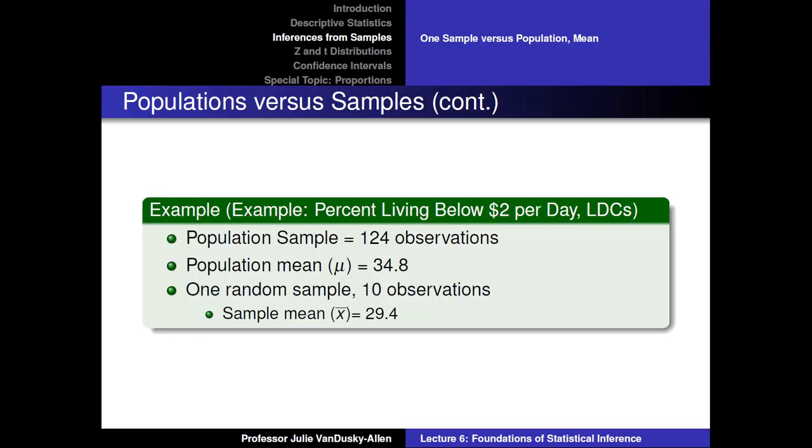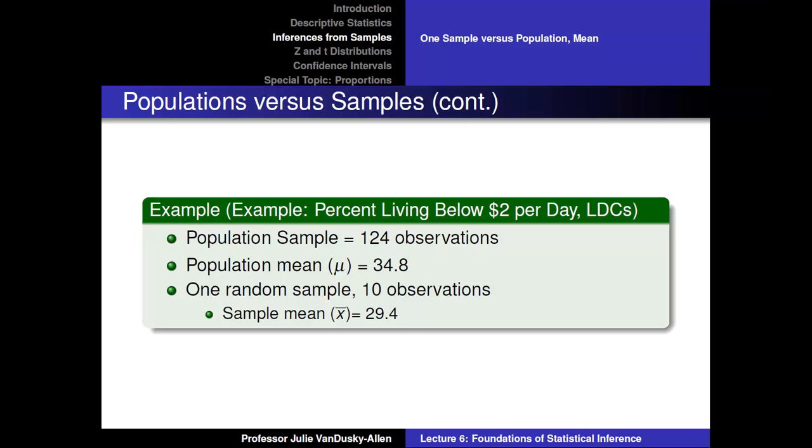Here is a real-world example of how applying sample statistics to an entire population could be a problem. Imagine I collected data on the percent of people living below $2 a day in less developed countries. In all, there were 124 less developed countries. After I collected this data, I found the population mean, denoted by the Greek symbol mu, for this variable, which was 34.8%. So on average, 34.8% of people in less developed countries live below $2 a day.